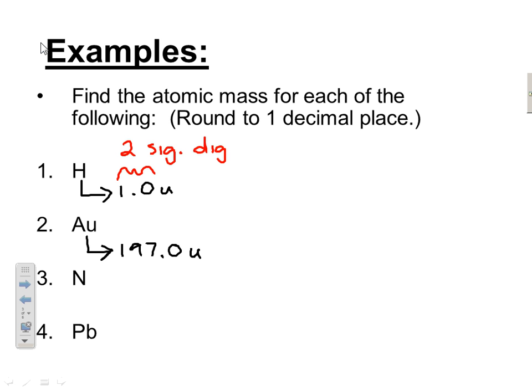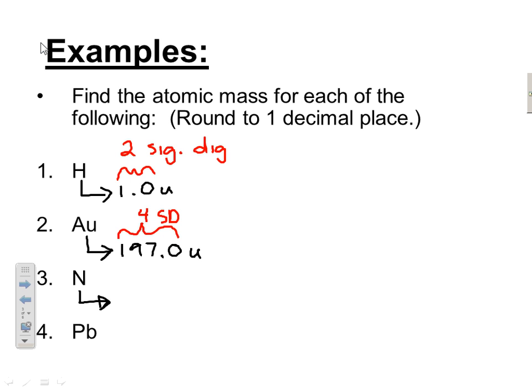And I'm going to do this just one more time. This number has 4 significant digits. 1, 2, 3, 4. It means we know the number so well that we know with great confidence all 4 of those numbers. All right? N, the atomic mass for nitrogen.